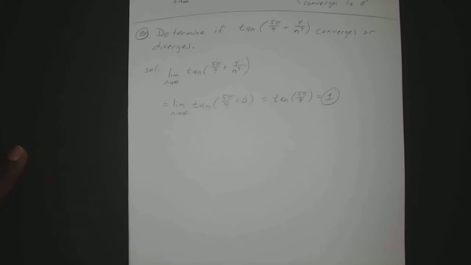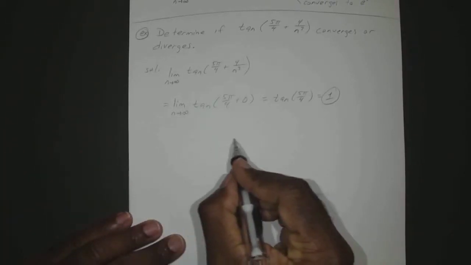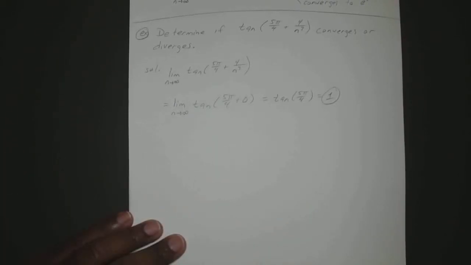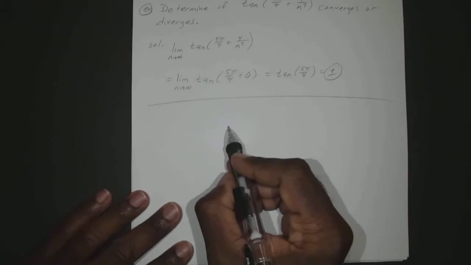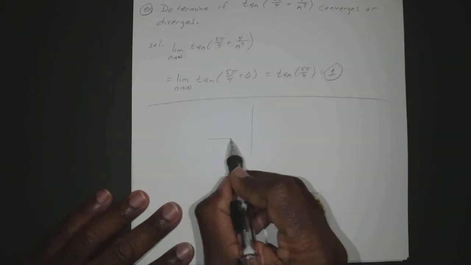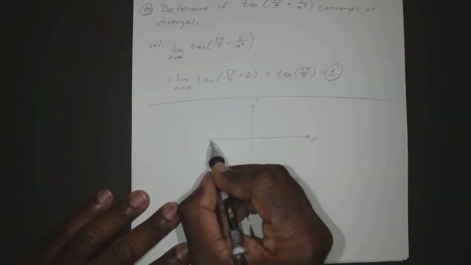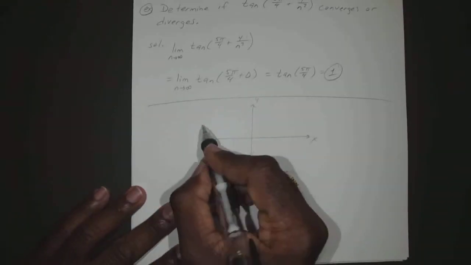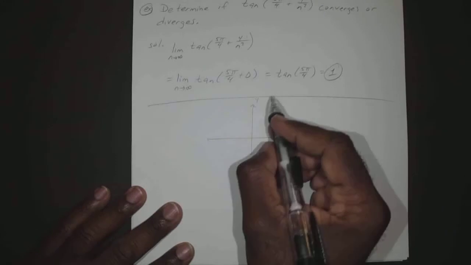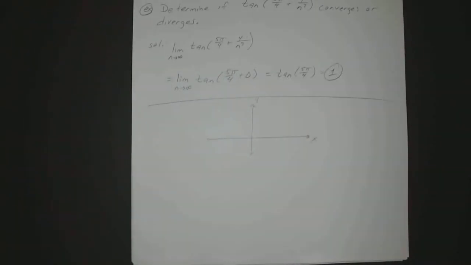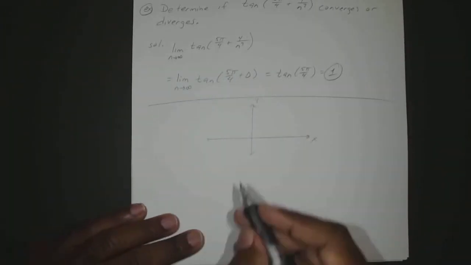I'm trying to think of the best way to explain that. Let's say you have a graph with your x and your y, and you have various values of n, and it's getting bigger and bigger and bigger.